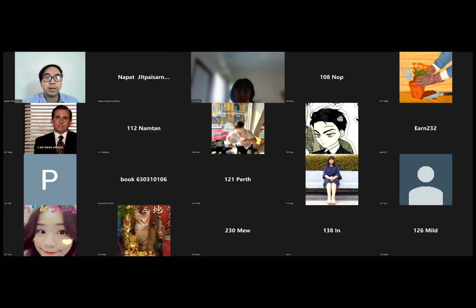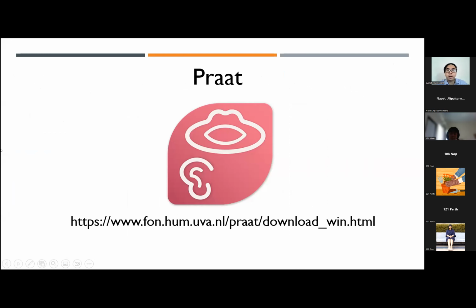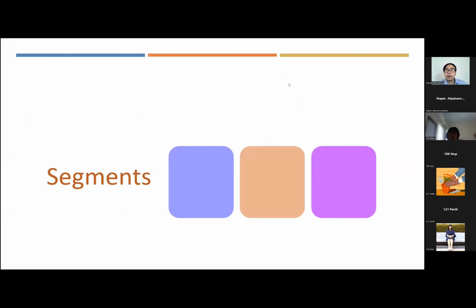Okay, we have talked about segments. Segments are consonants and vowels; this is a very obvious unit of sound.